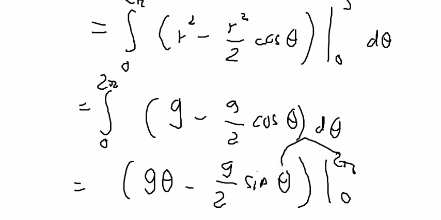We put 2π in here and here, number 0 in here and here, and we get 18π. That's it, the end. Thank you for watching.